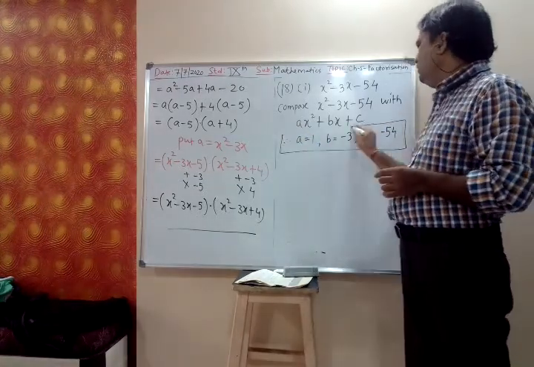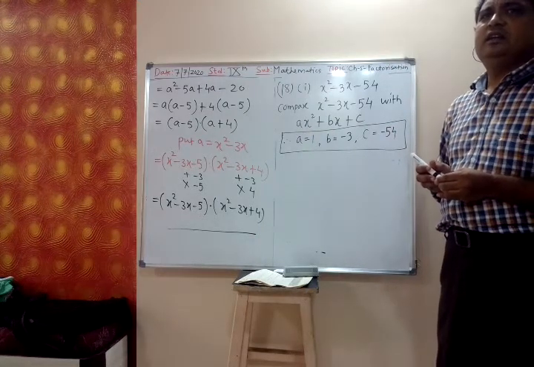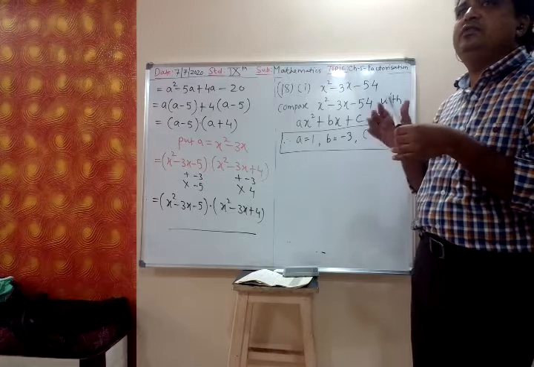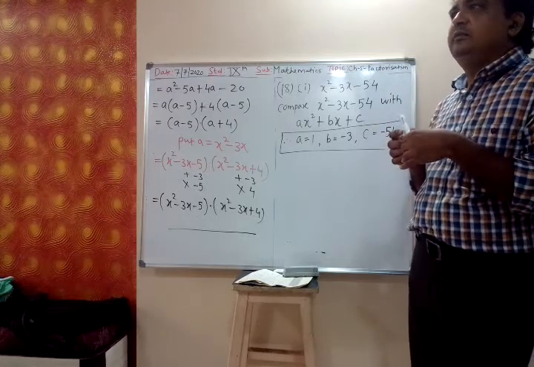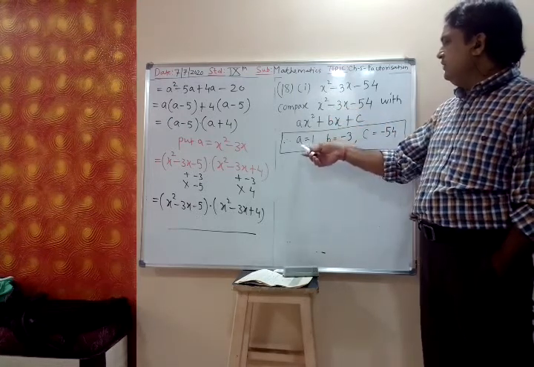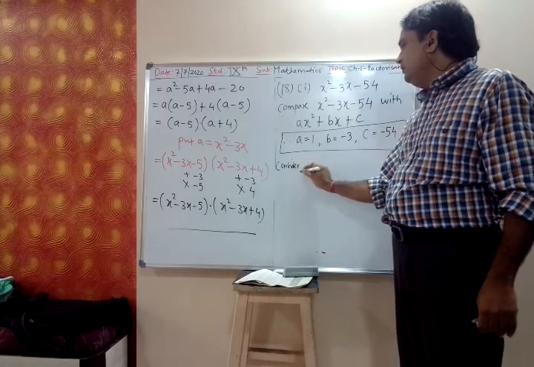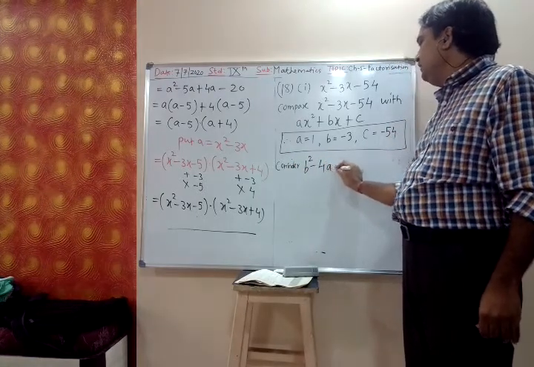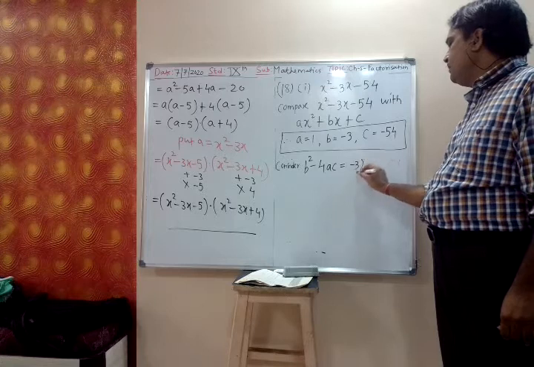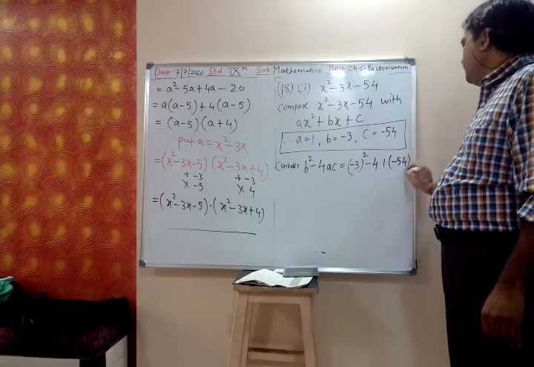You cannot directly do it. If the question is whether it is factorizable or not, first you have to check by comparing this quadratic with ax square plus bx plus c and finding the values of a, b, c. Now consider b square minus 4ac, whether this is a perfect square or not. b square is minus 3 square, minus 4 into a, 1, into c, minus 54.